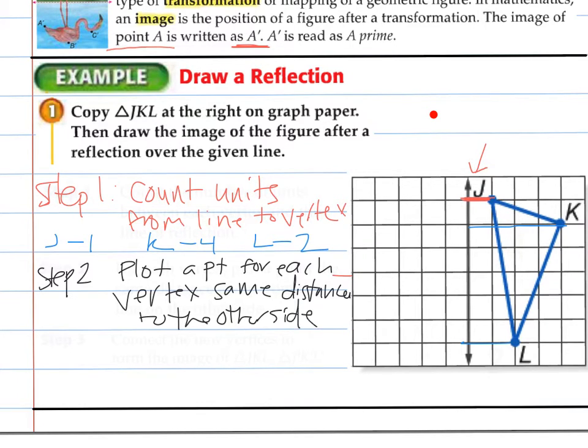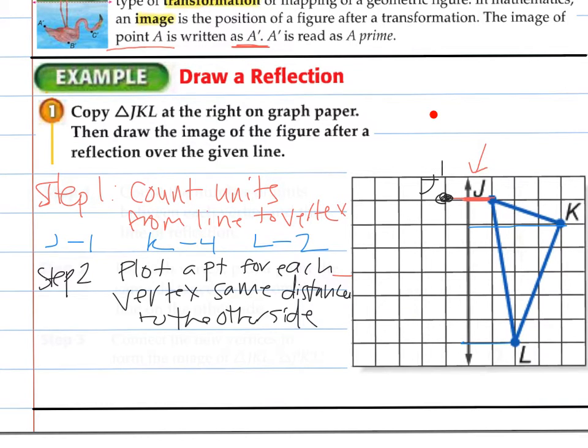Bear with my writing. I'm using my finger because this new stylus, old stylus I guess, isn't so much the same as the other one. So if J is 1 to the right, I'm going to go 1 to the left and plot my point there and label it J prime because that's the new one.